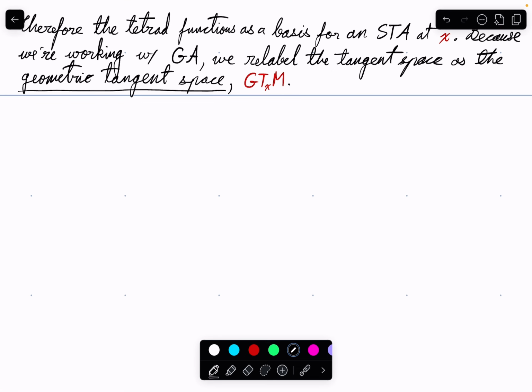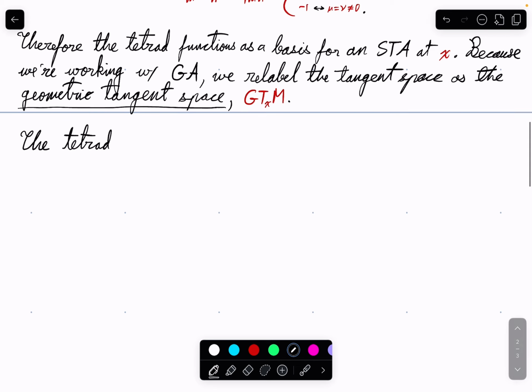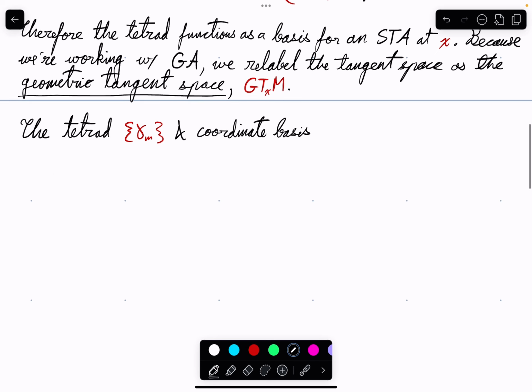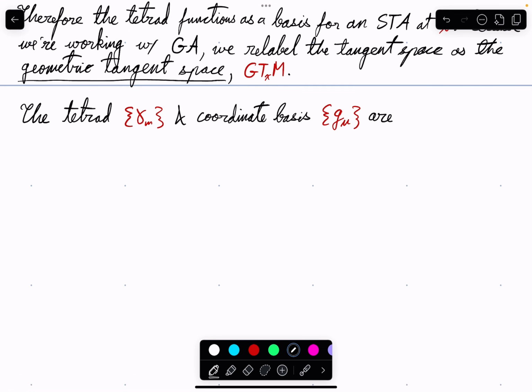Okay. The tetrad gamma_m and the coordinate basis g_mu are related by what's called a Vierbein.